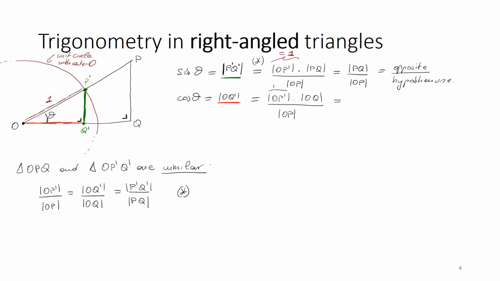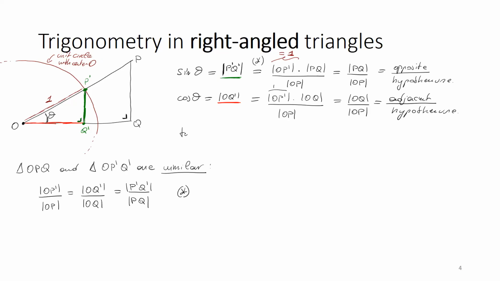So I get the length of OQ divided by OP. And once again, looking at the big triangle, cosine theta is the length of OQ, the base of the triangle, divided by, again, OP, the hypotenuse. So we get the adjacent side divided by hypotenuse.